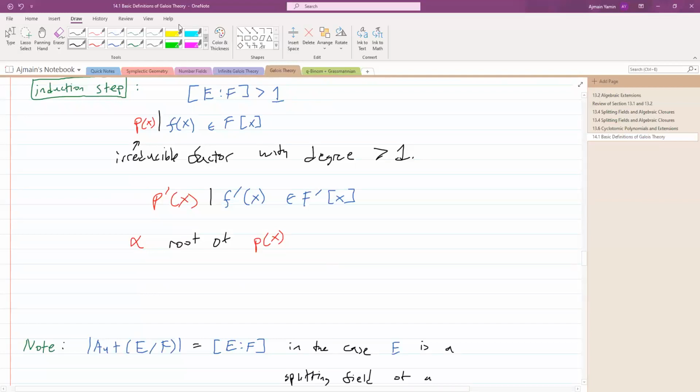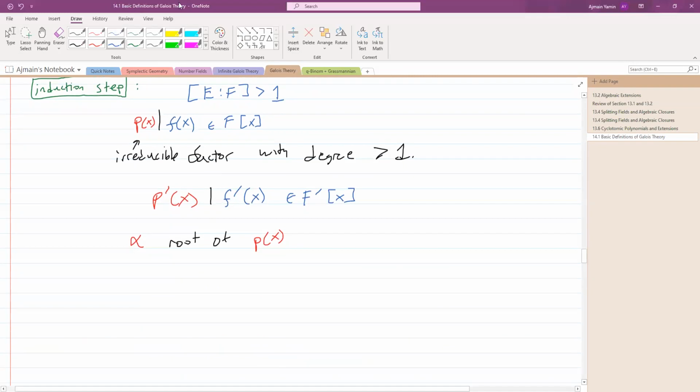All right, so let sigma be some extension. So we have this picture. Let me draw the picture. So the picture is you have sigma extending tau extending phi.